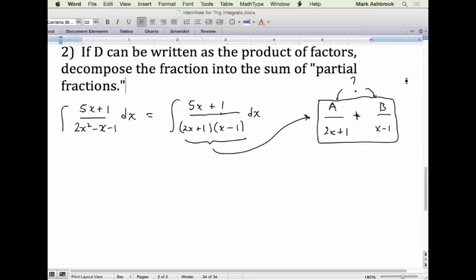So what are a and b so that it equals that? We're going to proceed to add the fractions to make it look like what we started with. To add the fractions, you have the common denominator.